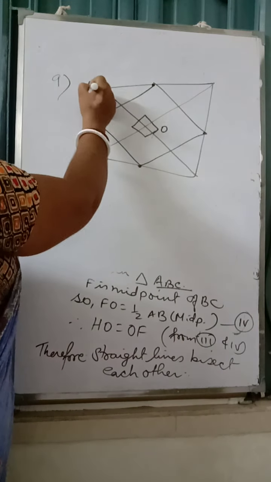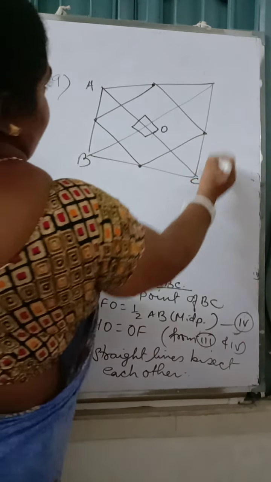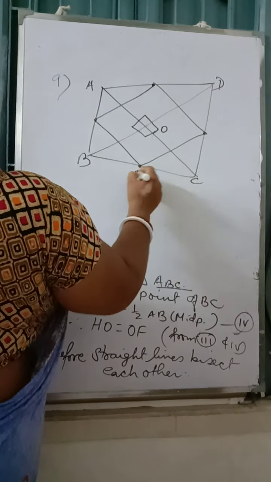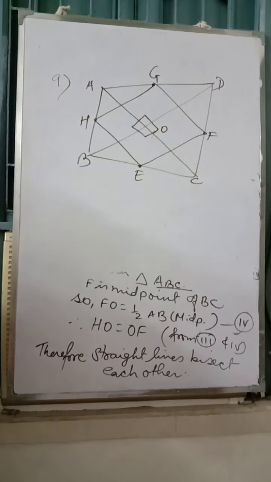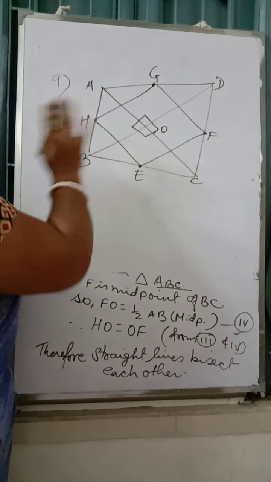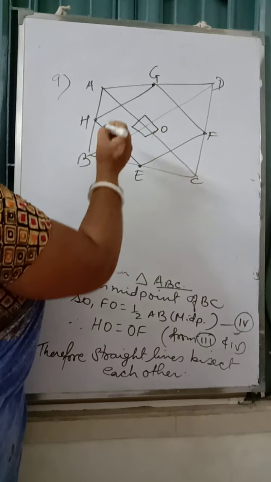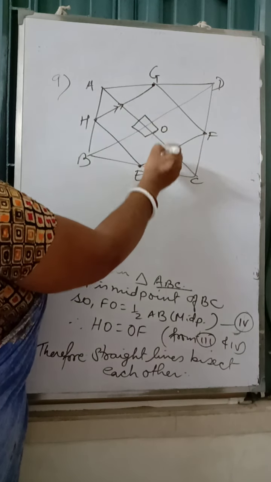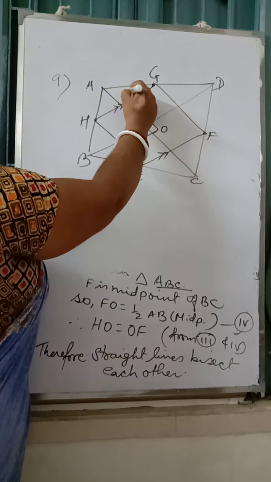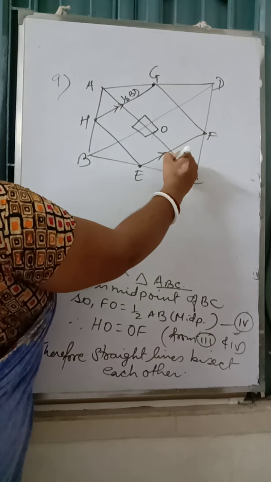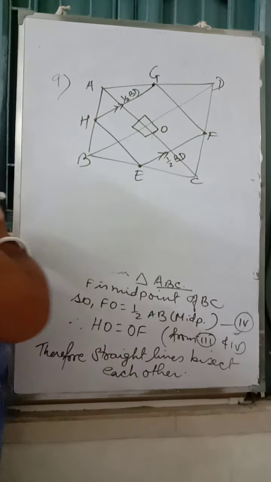Now here you have to prove if the quadrilateral was ABCD and EFGH were the midpoints, then you have to prove EFGH is a rectangle. First of all, we can prove this side is equal to this side, and this is half of BD, and this is also half of BD. So opposite sides are equal.